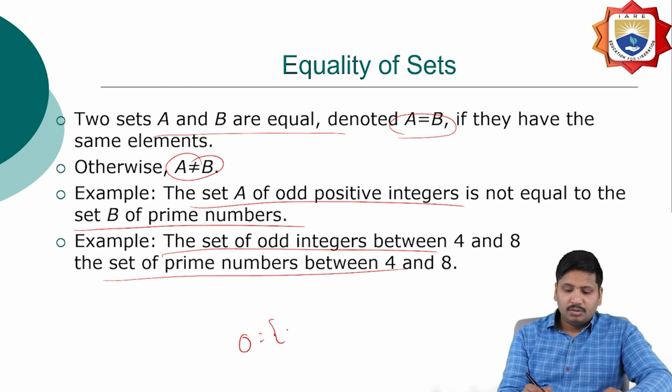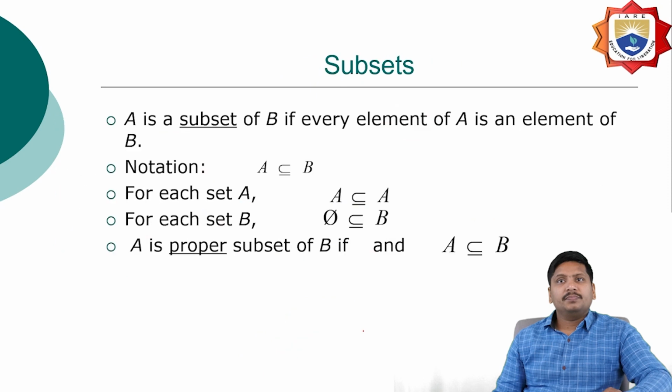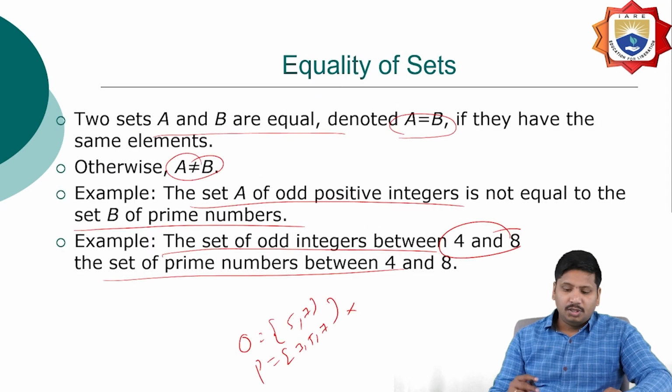Odd numbers: 5, 7 in between 4 and 8, and prime numbers: 5, 7. So 3 will not come. Both are equal, so I can say A equal to B.